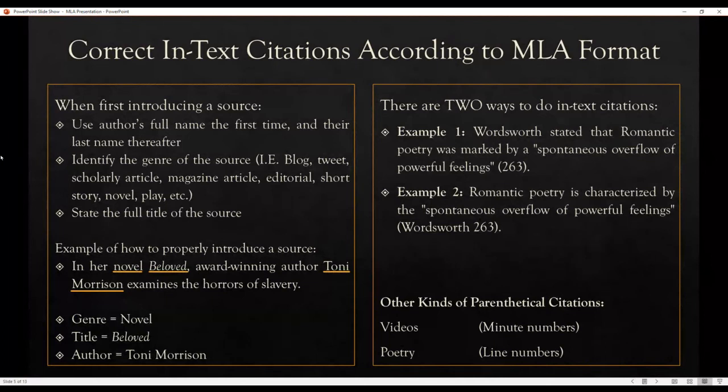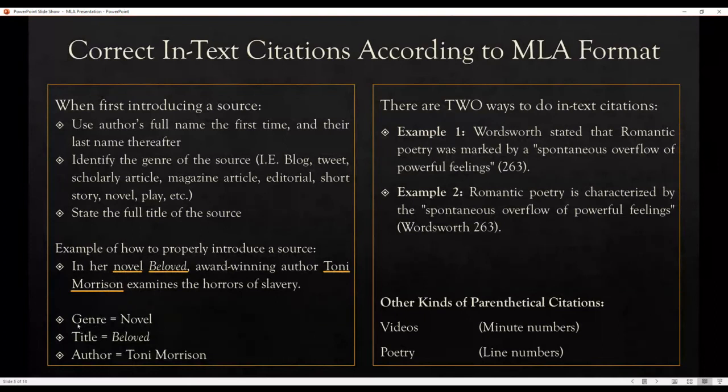So for example, here's a sentence that shows you how to properly introduce a source. "In her novel Beloved, award-winning author Toni Morrison examines the horrors of slavery." Now, if you'll note the underlined words there, we have the word novel underlined, the word Beloved underlined, and Toni Morrison underlined.